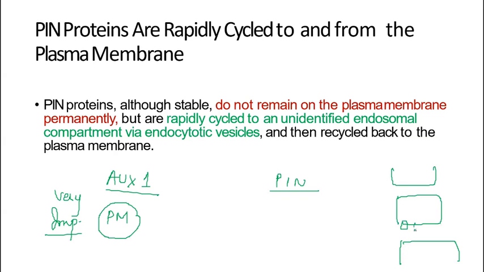When they are not required, what happens? They move inside the cell and become enclosed in the endocytic vesicle. They are compartmentalized in the endocytic vesicles and they are recycled back to the plasma membrane.